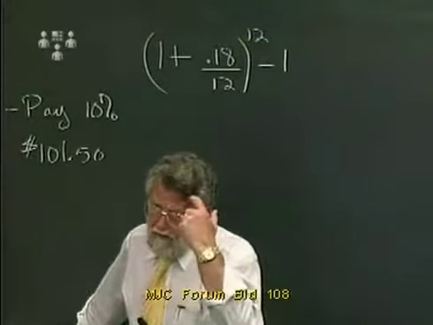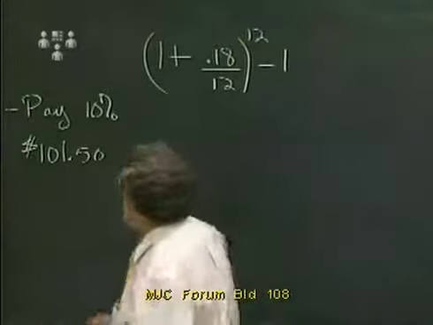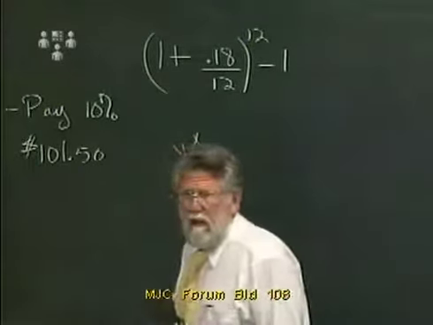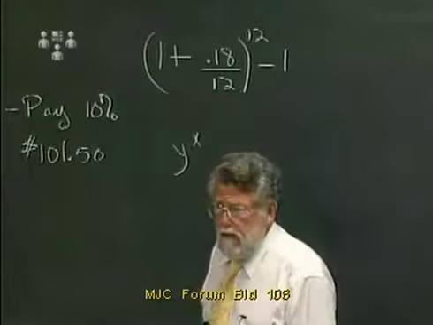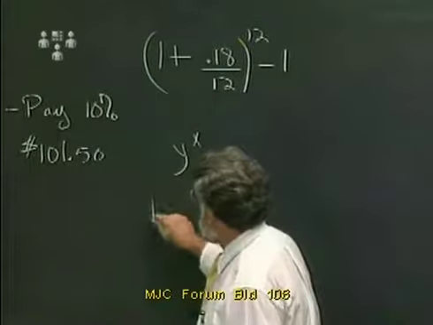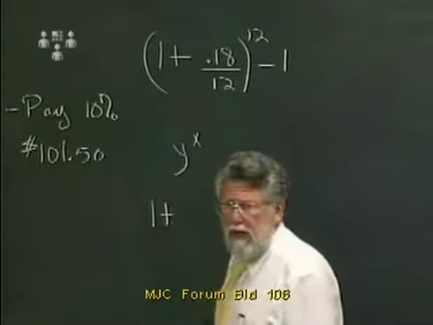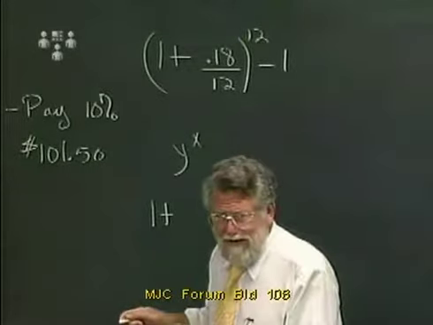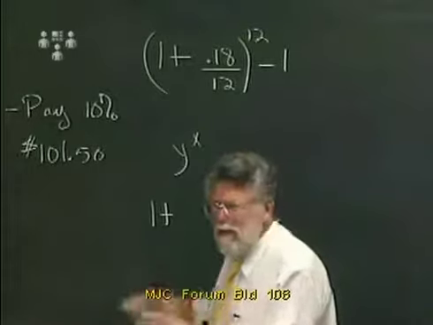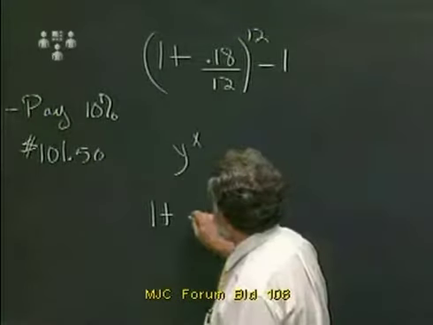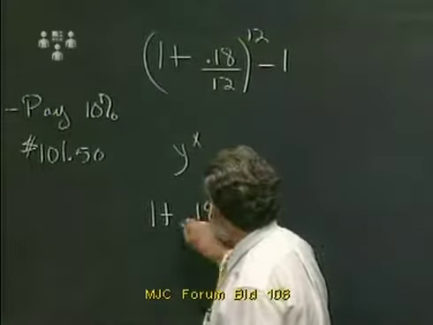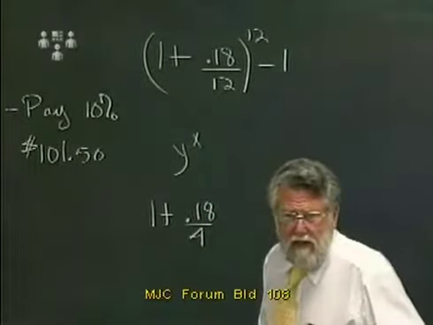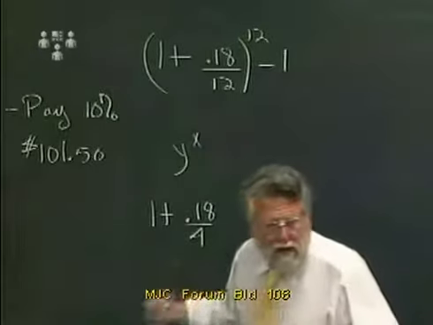Let me illustrate from what I said yesterday, that when we talk about the y to the x key, we said if we were going to compound quarterly, with the same interest rate, and my goodness, you don't get 18% in a money market account. You might get 3% or 4% in a money market account. But we would take that 18% and divide by 4, because you get it for the 3 months.